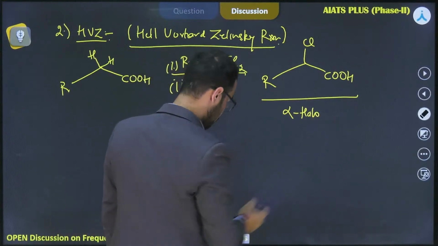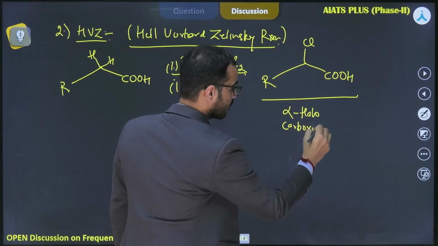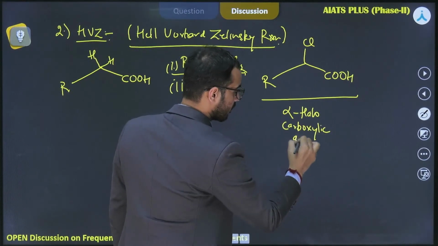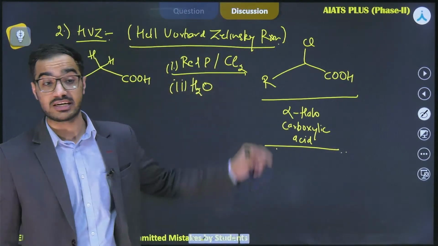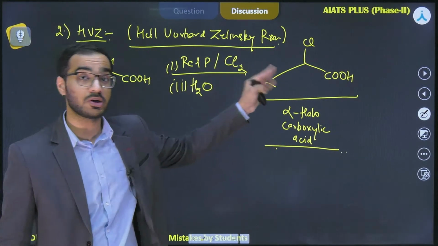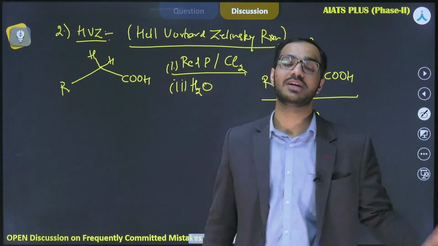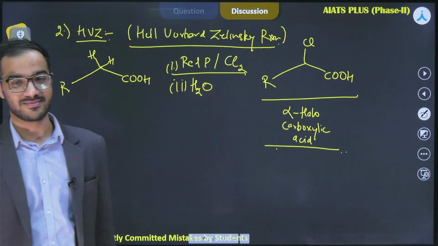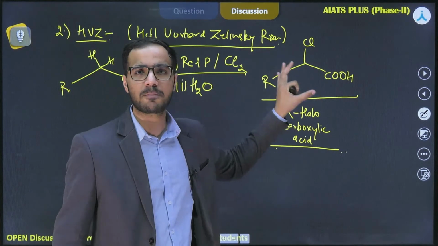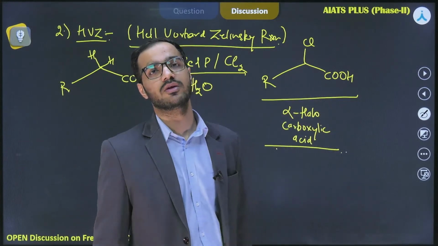This is a very important substrate for the formation of amino acids. Okay, this is the most important substrate for the formation of amino acids. You have discussed this in biomolecules.